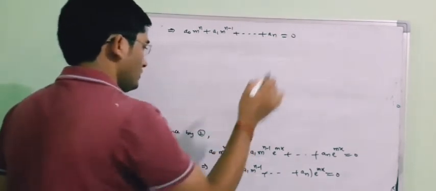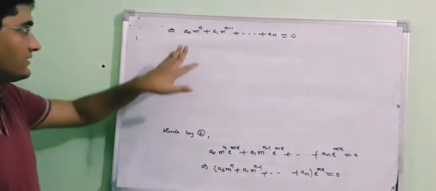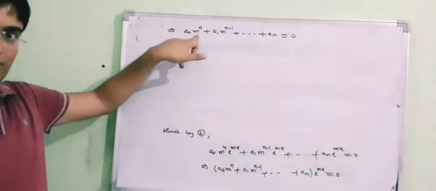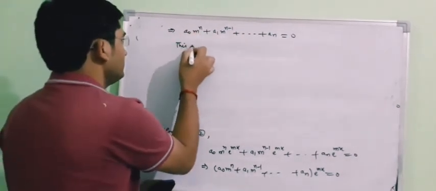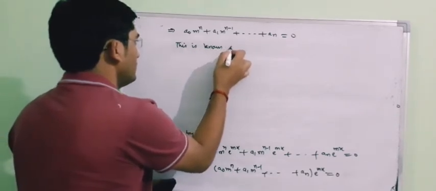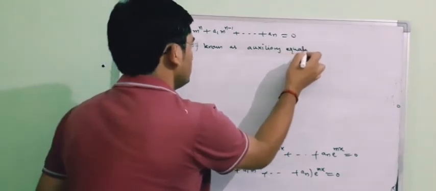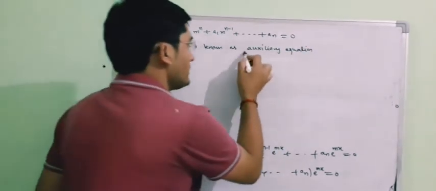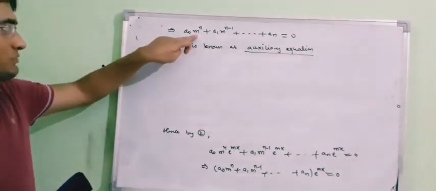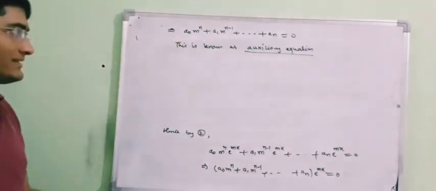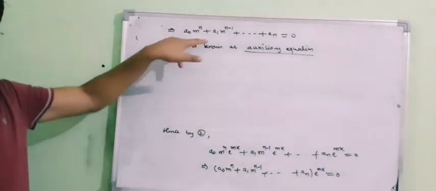If you compare this equation with equation number 2, you can see that in place of D we now have small m.